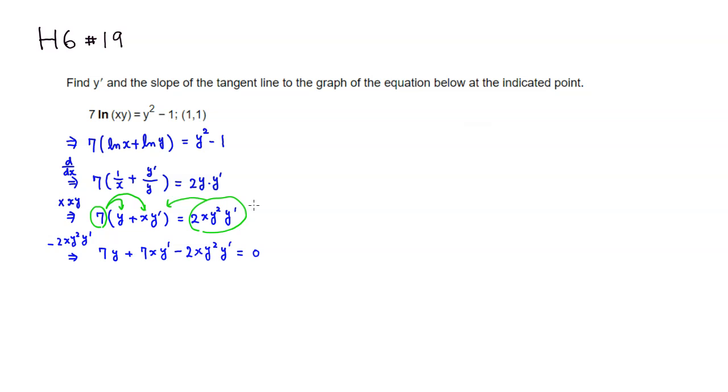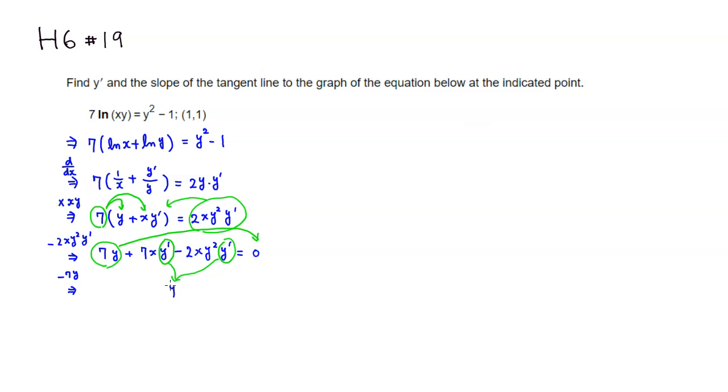Then let's say we're trying to solve for y prime. I'm going to move 7y over to the other side since this term doesn't have y prime in it. So I'm going to subtract 7y. And then I'm going to factor out the y prime because it's a common factor.